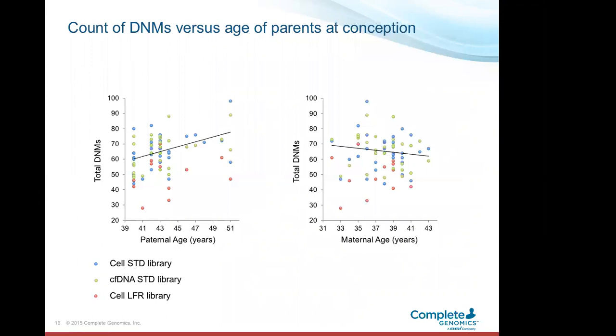In these plots, each of the color-coded dots represents a single genome. From the plot on the left, we can see a positive correlation of total number of de novo mutations with the age of the fathers. And from the plot on the right, no such positive correlation was observed for maternal age.